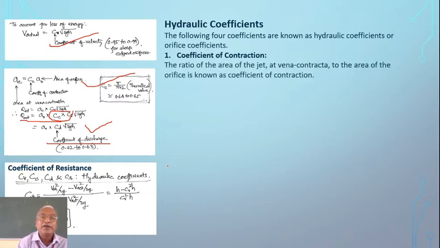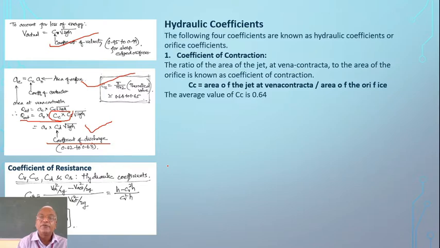The ratio of area of the jet at vena contracta to the area of the orifice is known as coefficient of contraction. So Cc equals area of the jet at vena contracta divided by area of orifice. The average value of Cc would be 0.64.